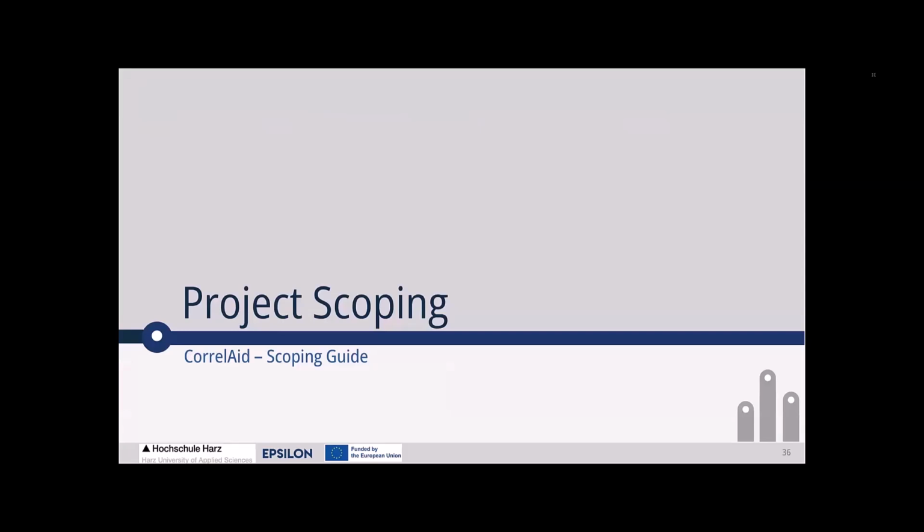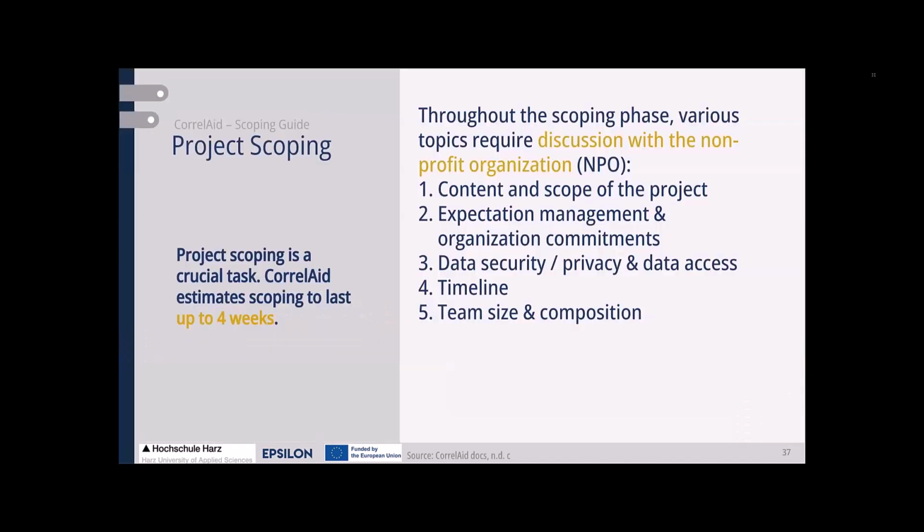And when it comes to the project scoping, before you start your hackathon or your project, you have to have several points in mind. The project scoping is basically a crucial task because this includes not only the organization of the project, but also the expectation management for the other side. And normally, the estimate for a project scoping should last up to 4 weeks.